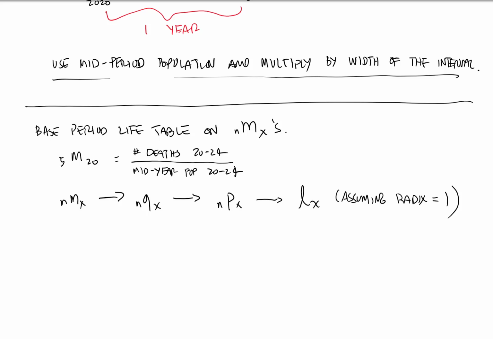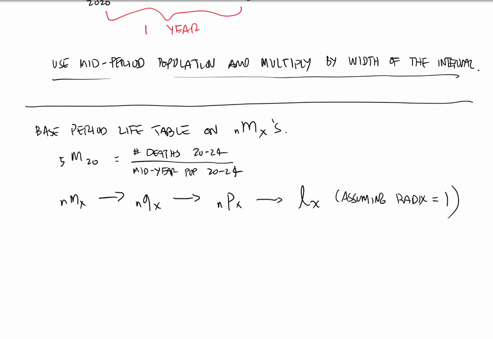And once we have that, then we can proceed just like we did for the cohort life table. As I said before, if you have one entire column of the life table, then you can calculate all the other columns.